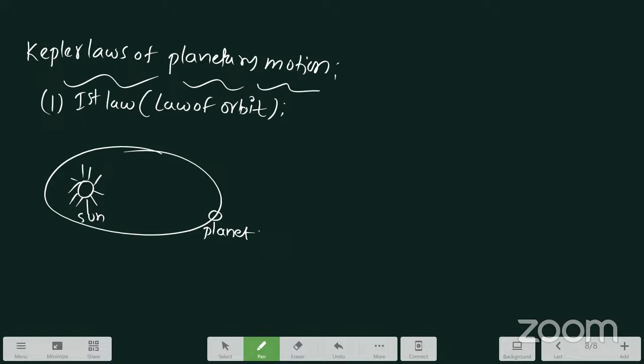The law of orbit means every planet revolves around the sun in an elliptical orbit, an ellipse. You read this word in chemistry, in the Sommerfeld atomic model: every electron revolves around the nucleus in an elliptical orbit. Just like every planet revolves around the sun in an ellipse. That is the law of orbit.